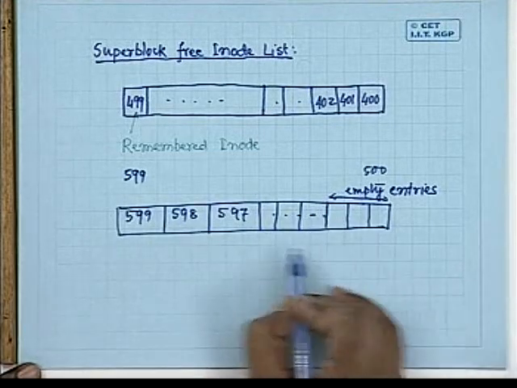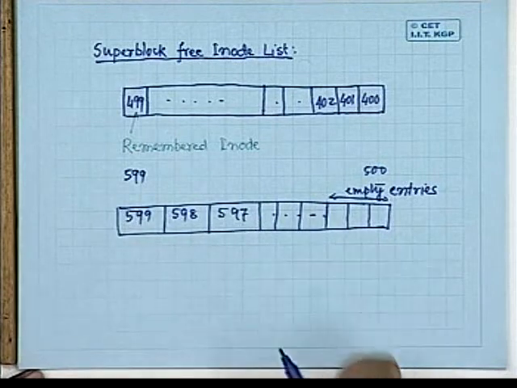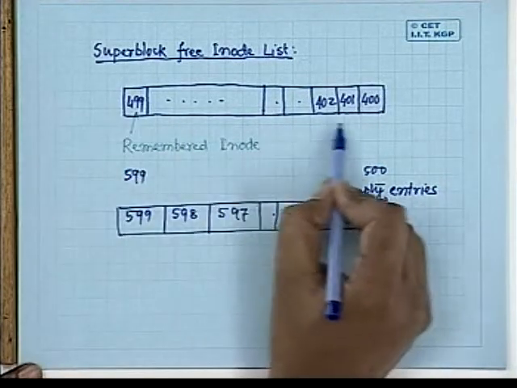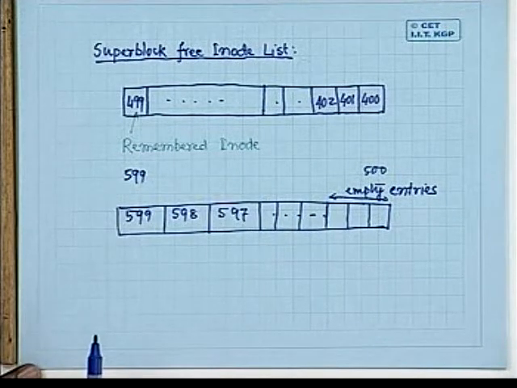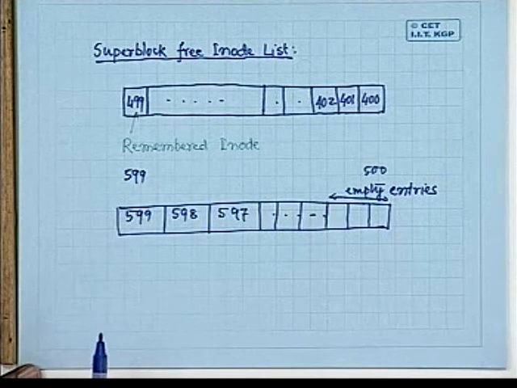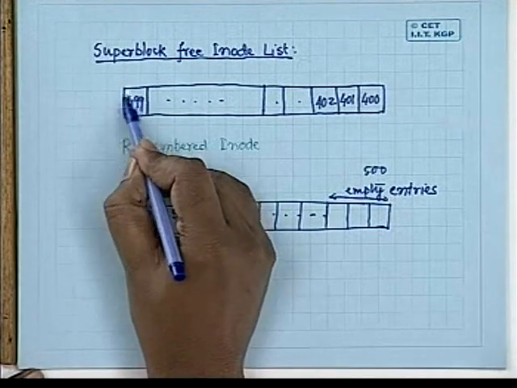If the superblock free inode list is full, say I have a situation like this, and an inode becomes free, there is no room within this superblock free inode list for this inode to be put. So in such cases, you check the inode number of the remembered inode.